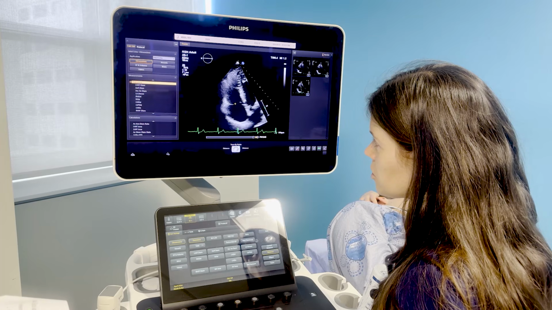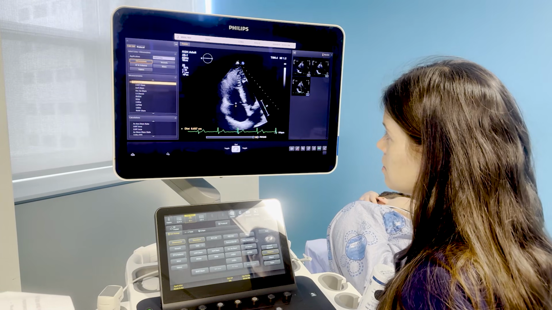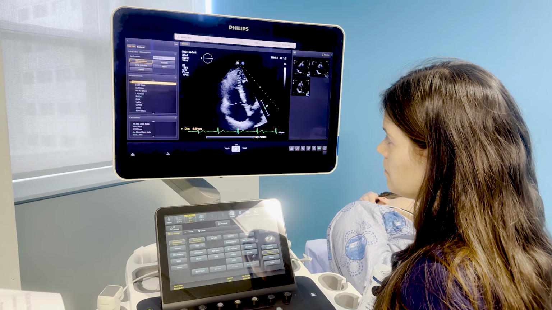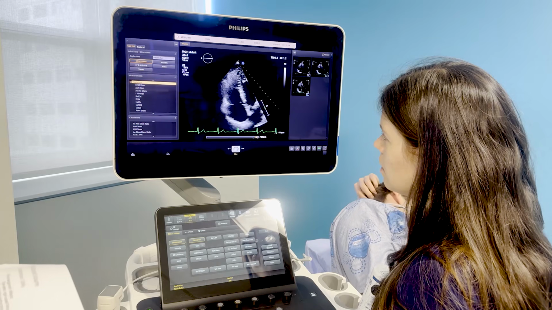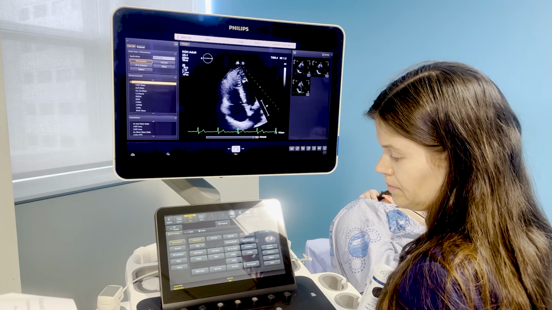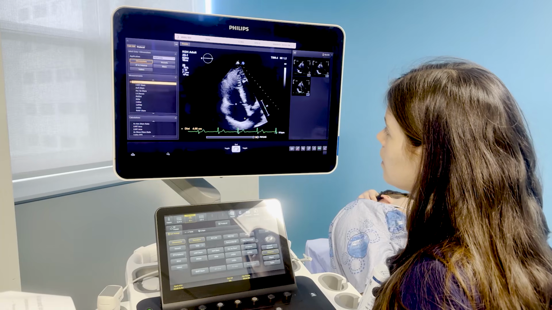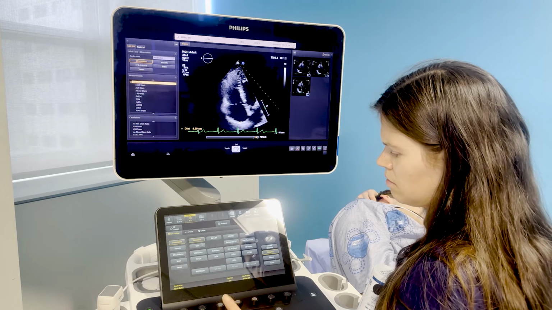So for our major dimension, we're going kind of in the center of the tricuspid annulus, just coming back like that. That's our major dimension. Great.